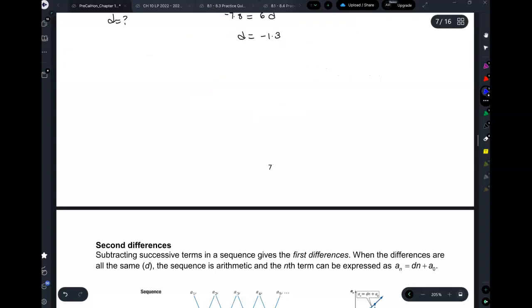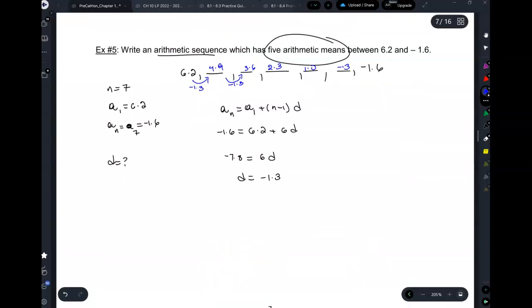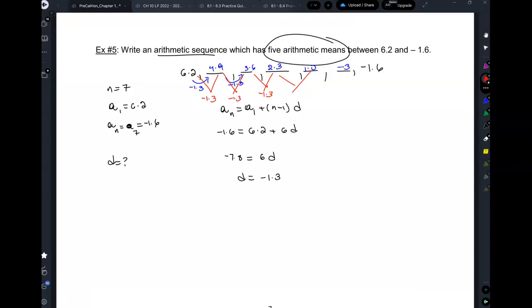So what this is, an arithmetic sequence, whenever you subtract any two consecutive terms, like here you get negative 1.3, and for all of these you get negative 1.3. That's what an arithmetic sequence is. These differences in red are called first differences because you just subtract one time and you get that number.